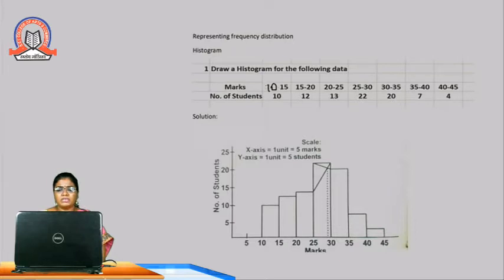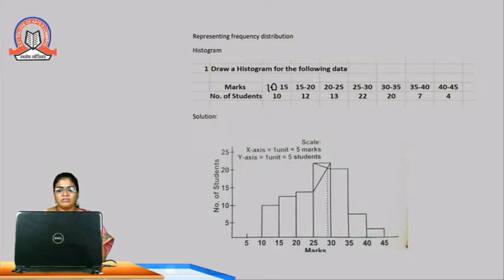So plotting in the XY axis, taking marks on the X axis and number of students on the Y axis, considering below the X axis 5, 10, 15, 20, 25 and so on. Now for 10 to 15, taking the range on the X axis, the height of the bar is 10, plotted against the Y axis, drawing the rectangular diagram.